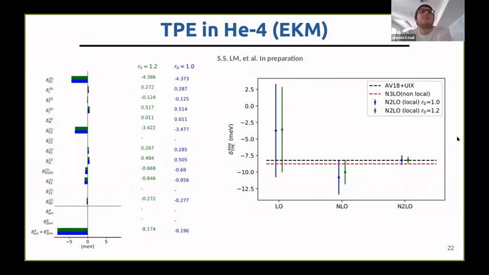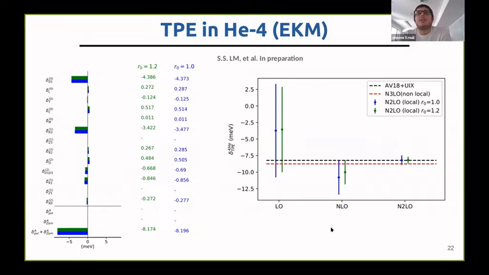So now that we have a working interaction, we can use that to compute the two photon exchange term in different muonic atoms, and we started with muonic helium-4. Again, you can see on the left-hand side of the slide our computation for all the possible terms that make up the two photon exchange term, and we did the computation with the two different cutoffs.